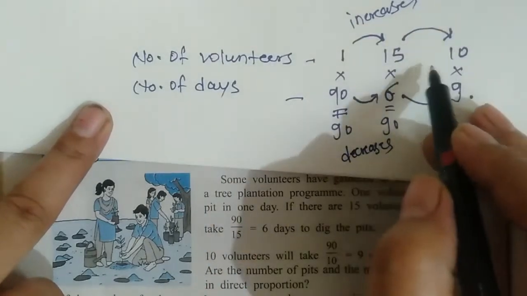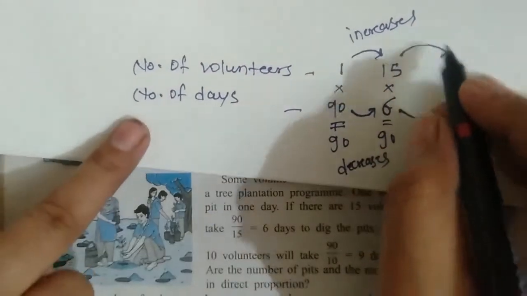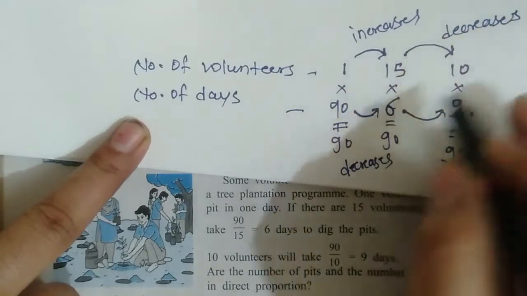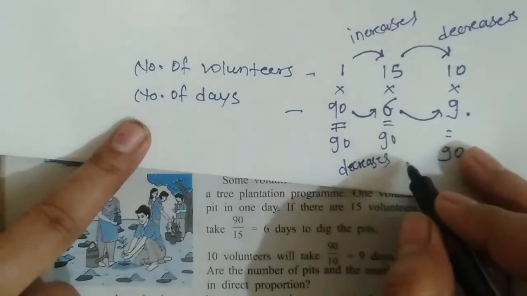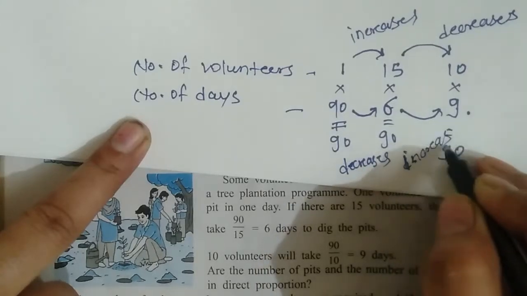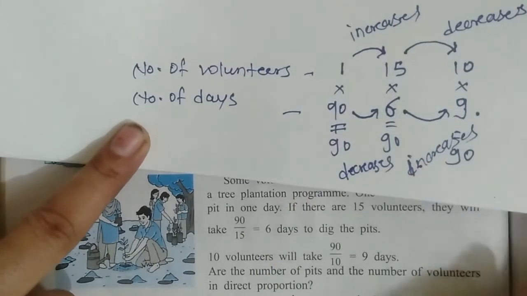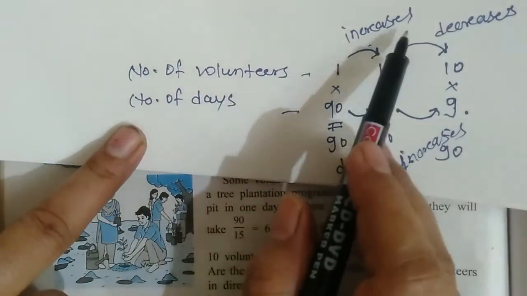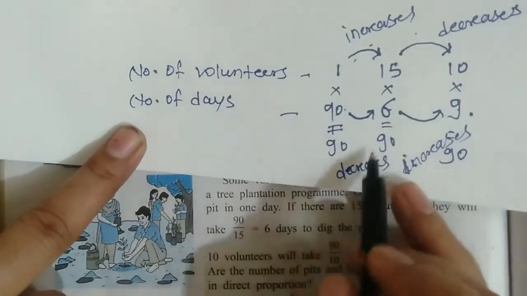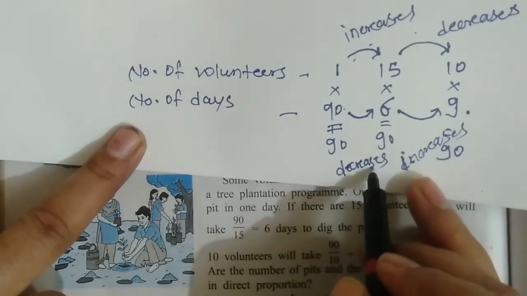Here the number of volunteers increases and the number of days decreases. And in the second and third instance, the number of volunteers decreases, then the related number of days increases. Correct? This means if the first quantity is increased, then the related second proportionate quantity decreases.